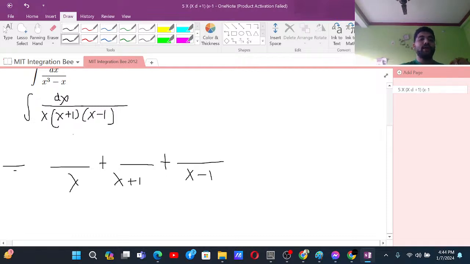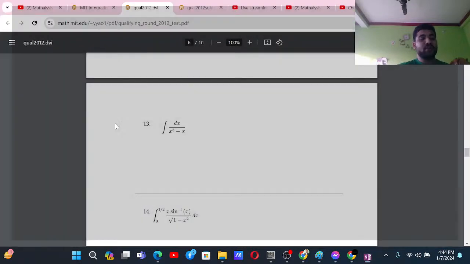Now to find the coefficient for the x, first of all try to find out what value of x makes the denominator 0. So of course 0 makes it 0. Now substitute 0 in the entire expression over here. So in the numerator we just have 1, and the denominator just leaves out the factor that we are now using.